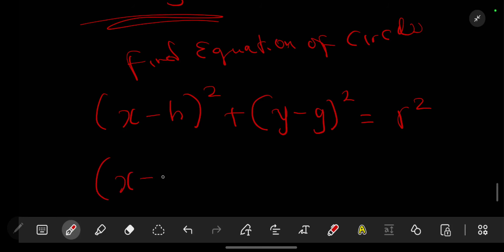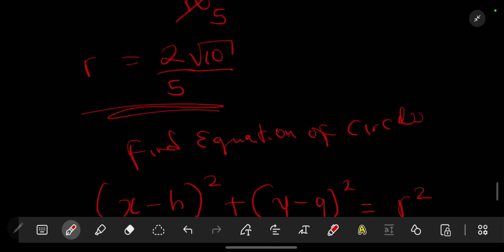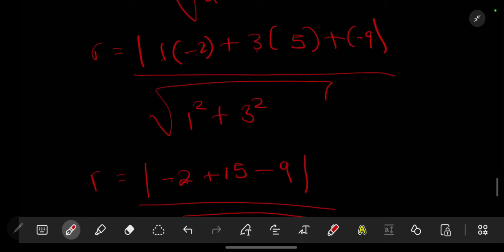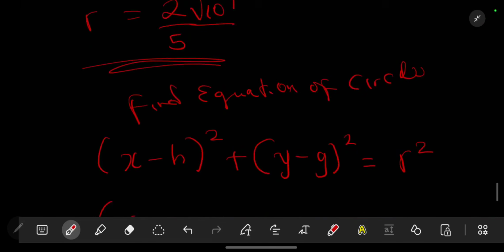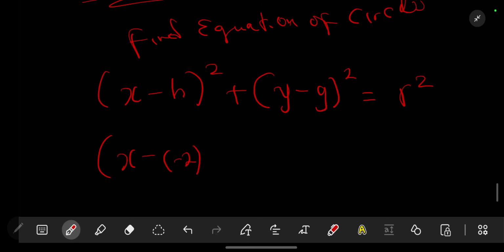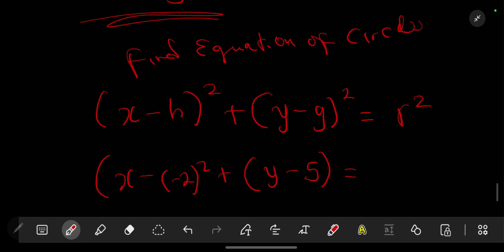So it will be x minus, what is our h? h is the coordinate of x for the center, which is -2. So we say -2. So it will be x minus -2 squared plus y minus k, which is 5, the coordinate of y at the center, should be equal to our r, which is 2 root of 10 over 5. Then we square this.